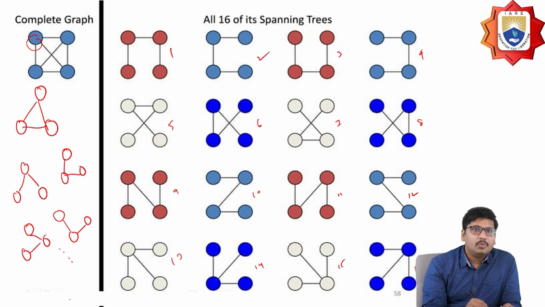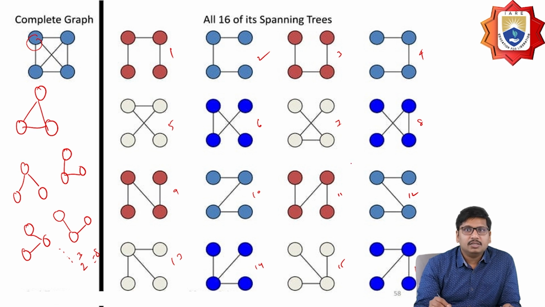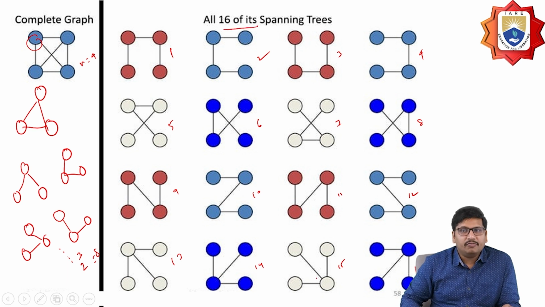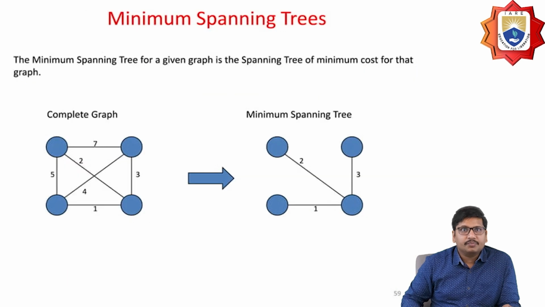Like this, you can construct so many subgraphs from the given graph. The number of vertices is 3, so I get 8 possible combinations. Similarly, the number of vertices in this one is 4, so that's why 2 power 4, that is 16 possible spanning trees I can obtain from the given graph.